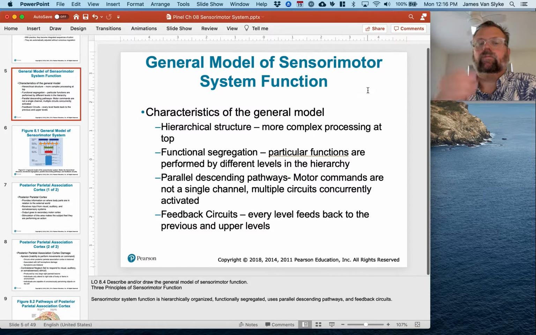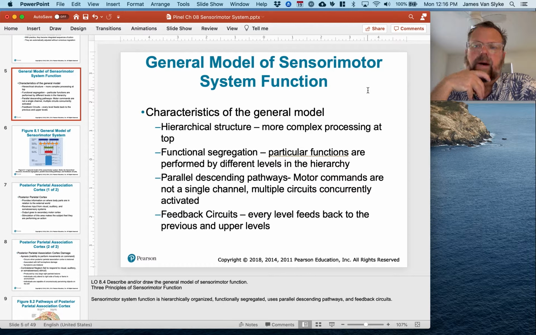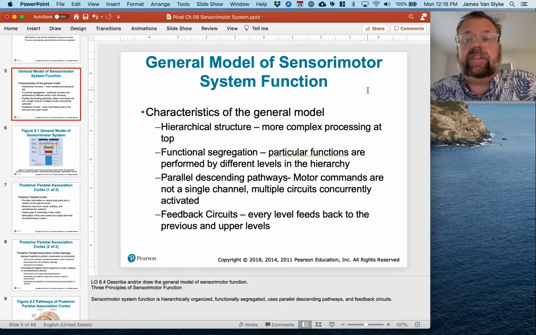So here's the basic model that is the accepted model for how our sensorimotor system actually functions. Number one, it has a hierarchical structure. So more complex processing is taking place at the association areas of the cortex.